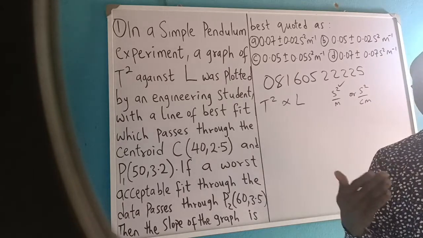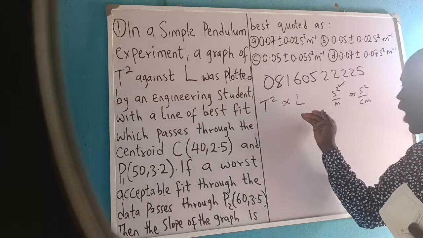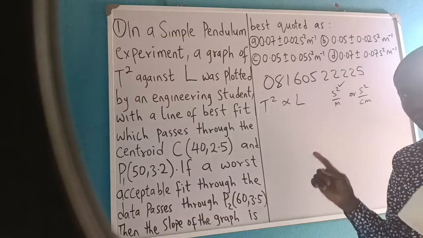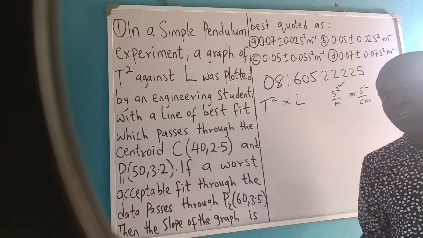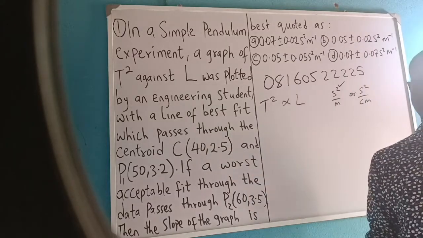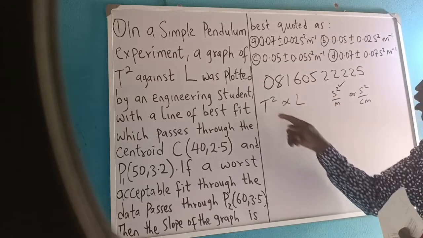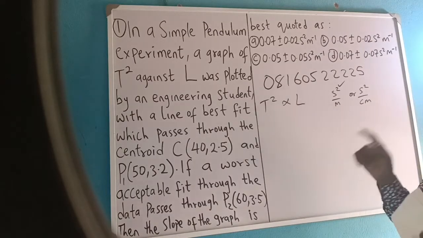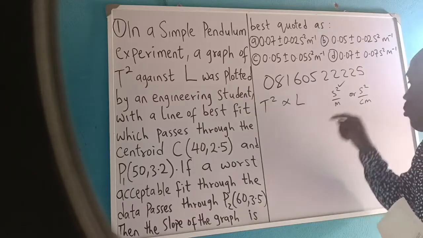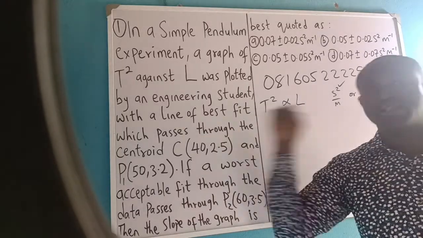If you check our videos on the channel, you will see why we are plotting a straight line graph. When you talk about the centroid, it is for a straight line graph. We don't talk about centroid for a curve graph. A curve graph goes as it is, but a straight line graph must pass through the centroid.